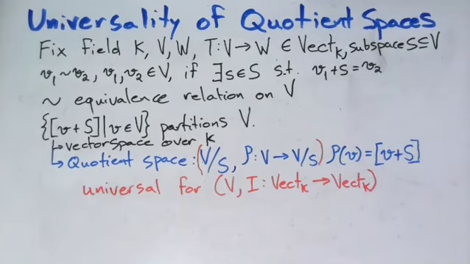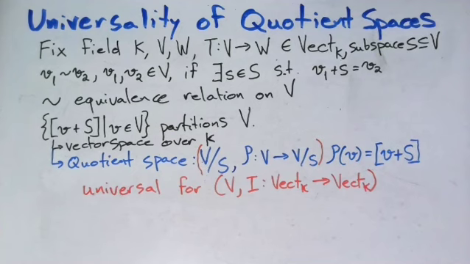So this is just the identity functor that maps every vector space to itself and every linear transformation to itself. And what we want to ask is, under which conditions is this pair here universal for this pair, V, I?